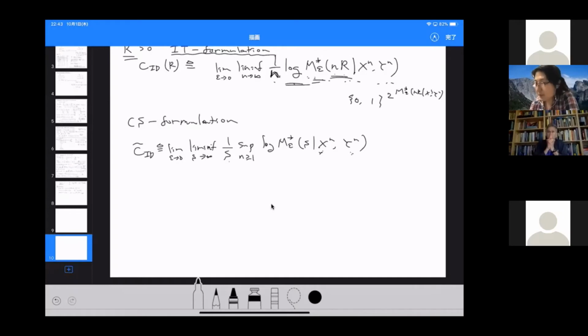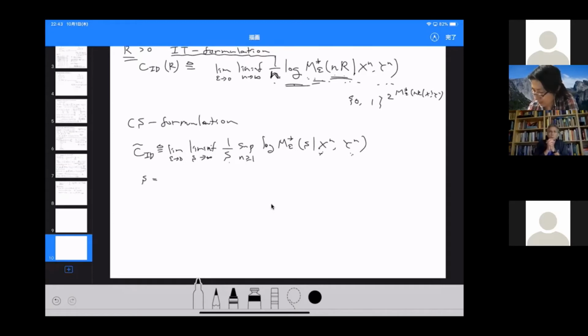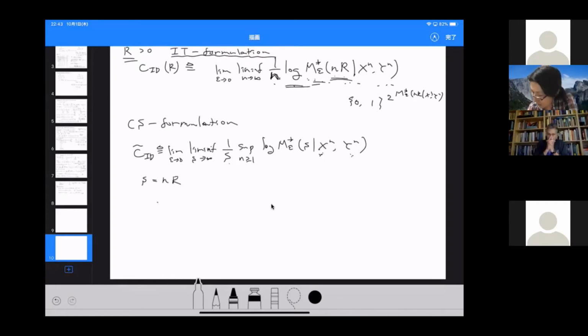And because we can always use the protocol for IT formulation by setting S equal NR, the asymptotic limit for the CS formulation is as large as the supremum of the capacity in the IT formulation, taking supremum over R. Okay.